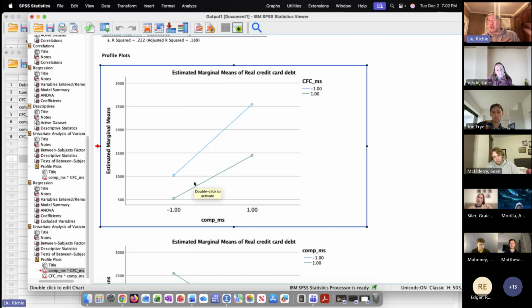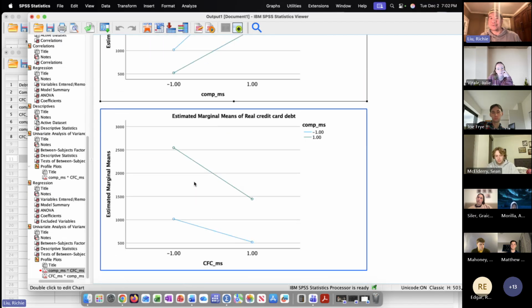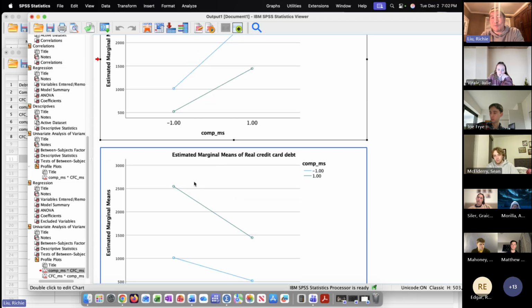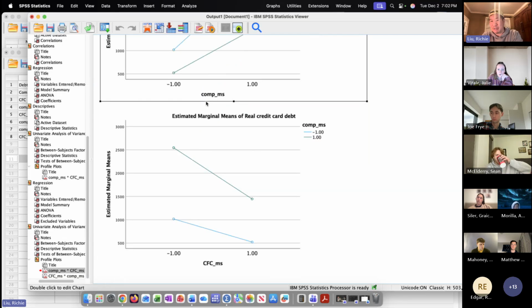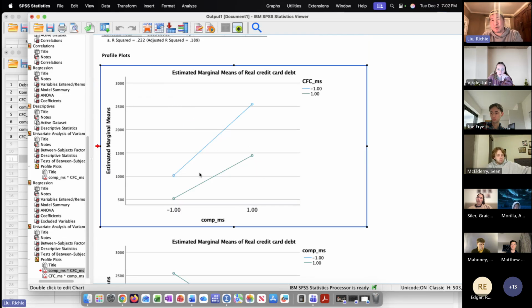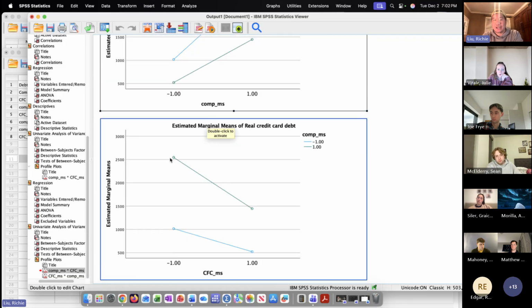So the ANOVA is what I'm trying to teach you guys, is that you can quickly figure out what story you want to tell, because to run all the steps and the models, we just don't have time to keep creating all these variables and tests. So the ANOVA is a quick and dirty way to figure out where I want to tell the story. And in this case, the story makes a lot more sense from the CFC standpoint than the compulsive buying tendency standpoint.